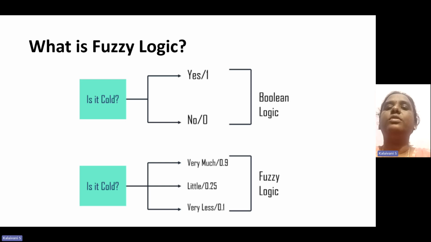For that, in fuzzy logic, if the question is whether it is cold, we have given three possible values: very much cold, a little cold, and simply cold, normally cold. That is given as 0.9, 0.25, and 0.10, that way. So this is how the information is represented in fuzzy logic.